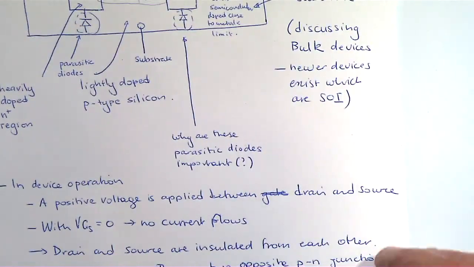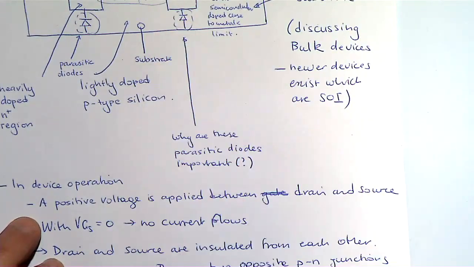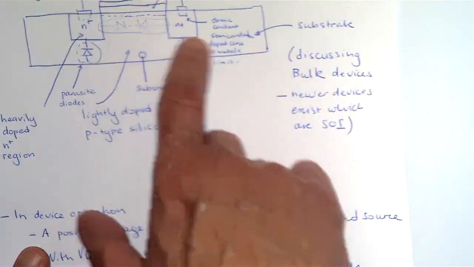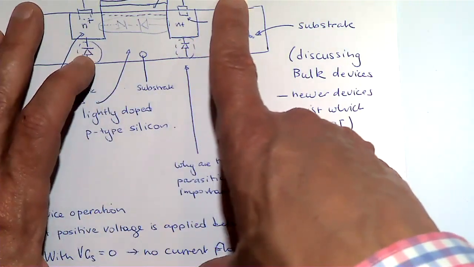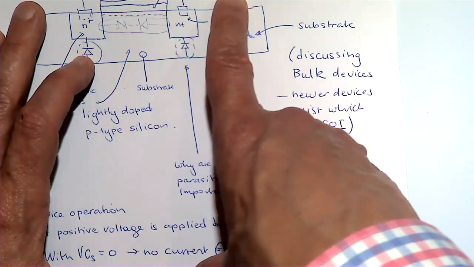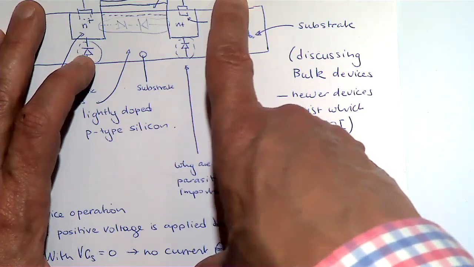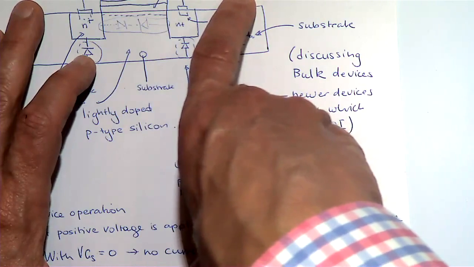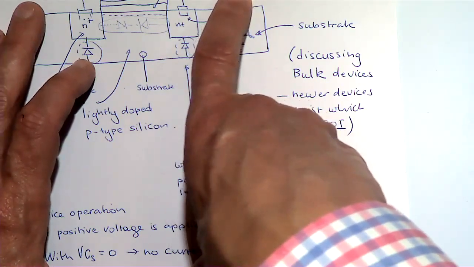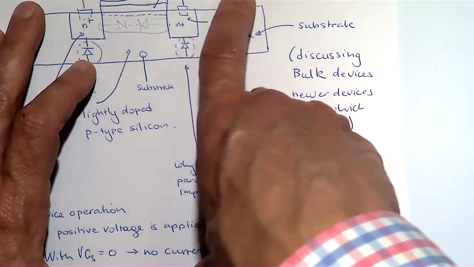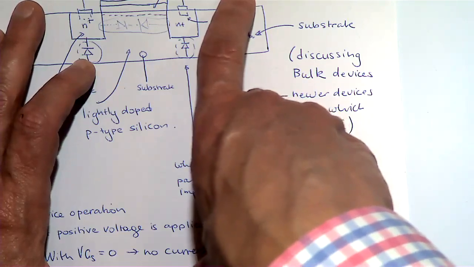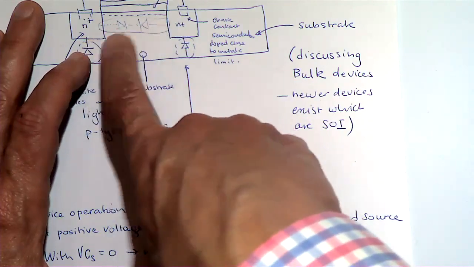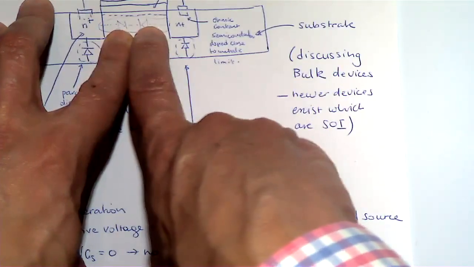So the way this MOSFET operates is essentially we apply a gate voltage. When there's no voltage, or even if there's a voltage between the source and drain, irrespective of their relative voltage, unless there's a voltage on the gate, what you can see is you've got two back-to-back PN junctions, right?